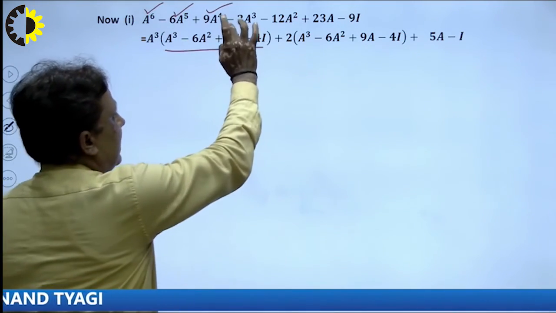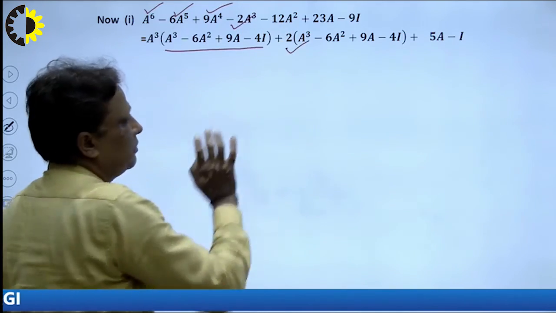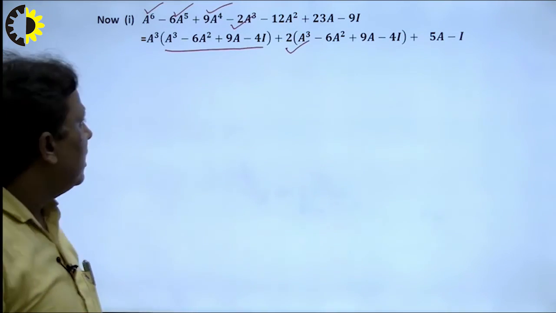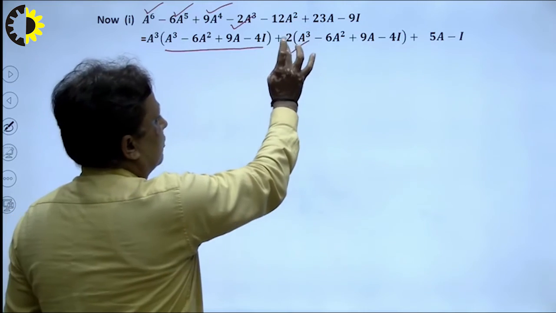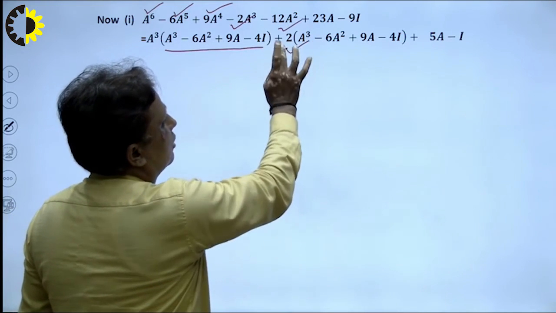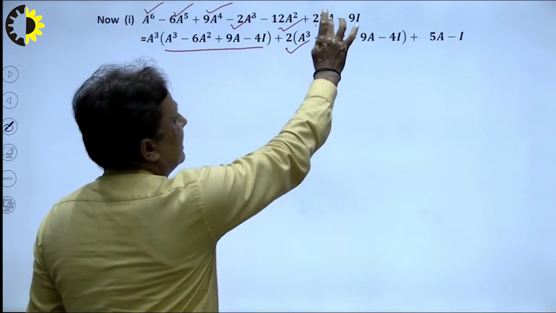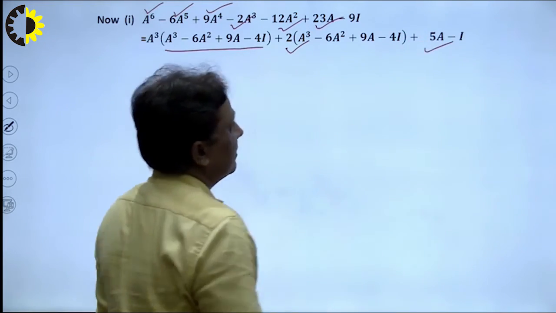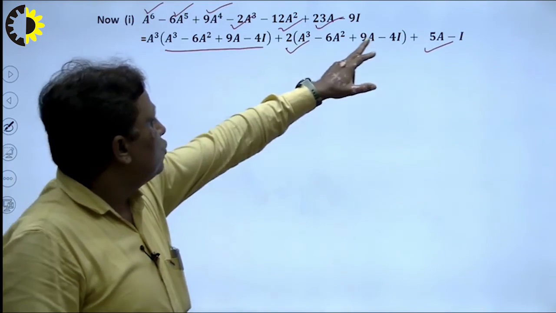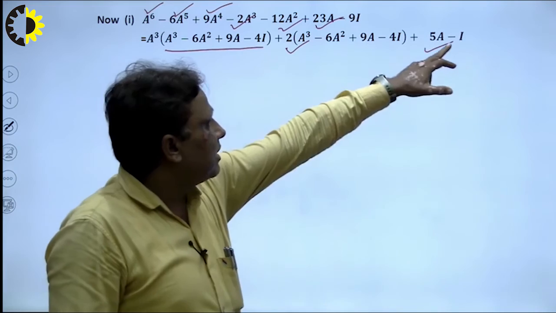So I write 2A cube here and 2A cube here. In this way 12A square, since 2 into 6 is 12A square, and 2 into 9 is 18, so the remaining is 5, I write here 5A.